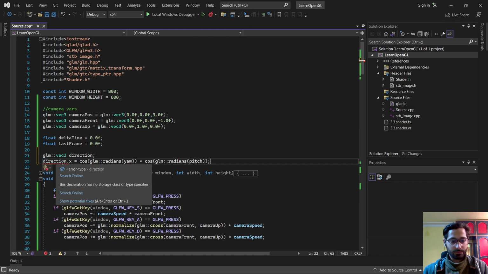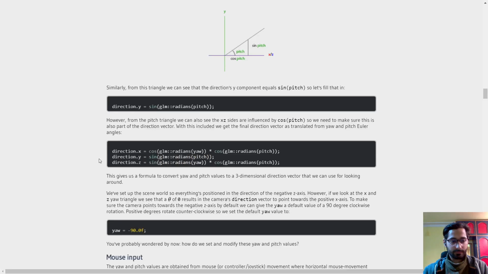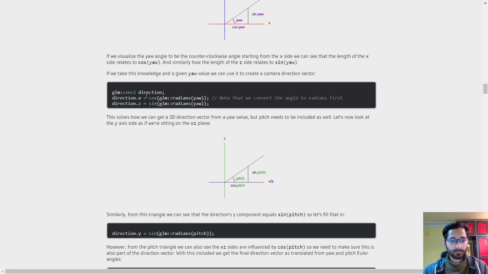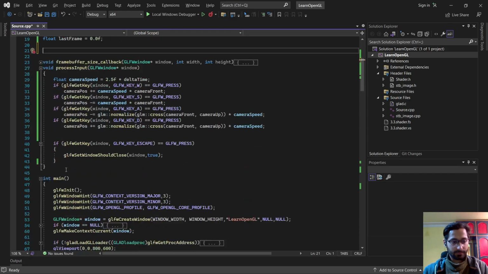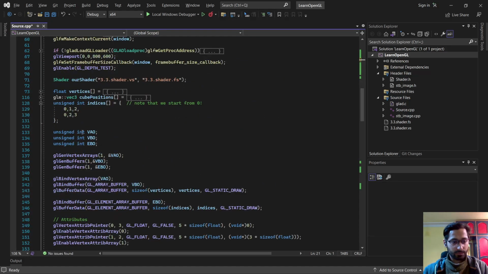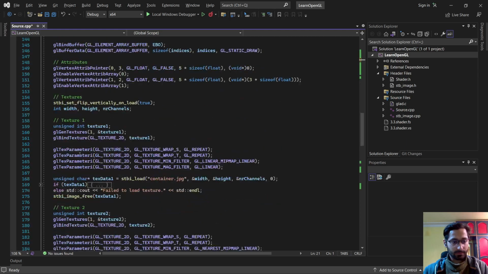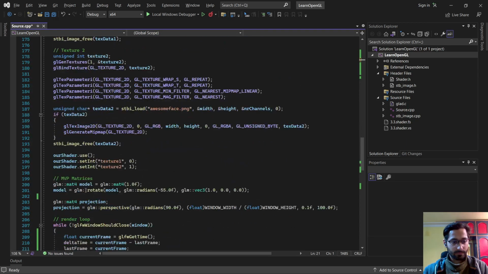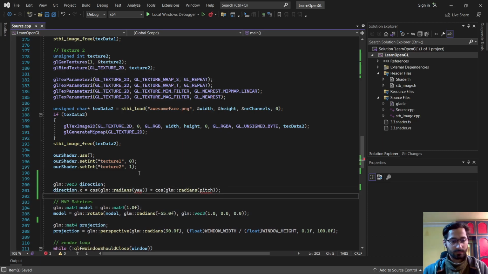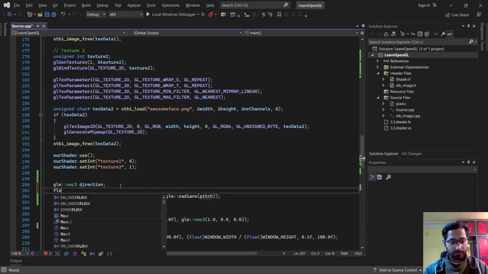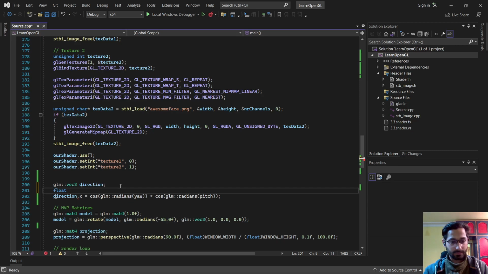This declaration has no storage class specified. Maybe I should make it here. Let's put it somewhere here. Cool. Let's just define this stuff as well.